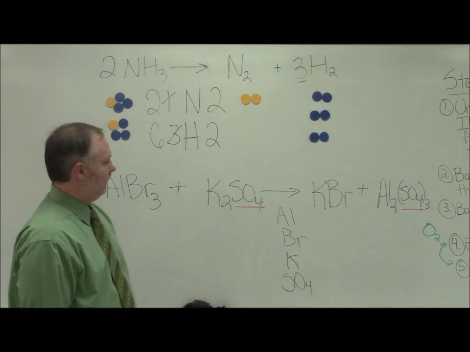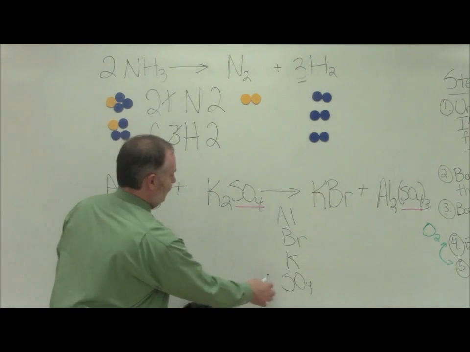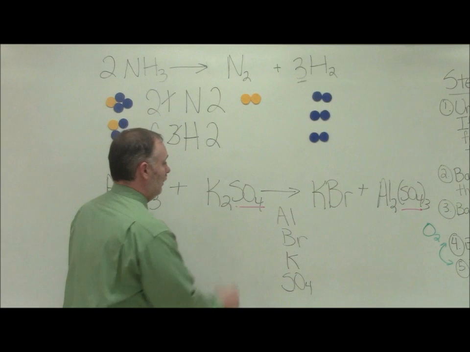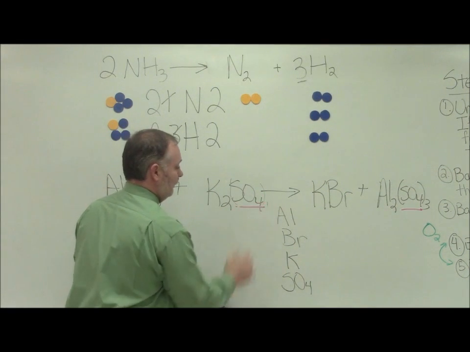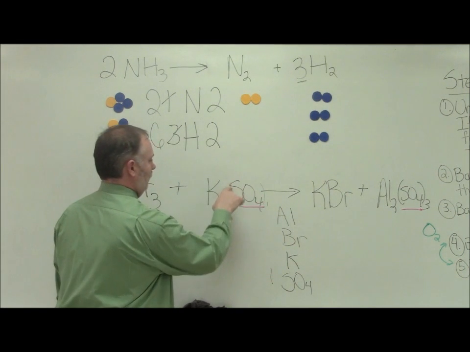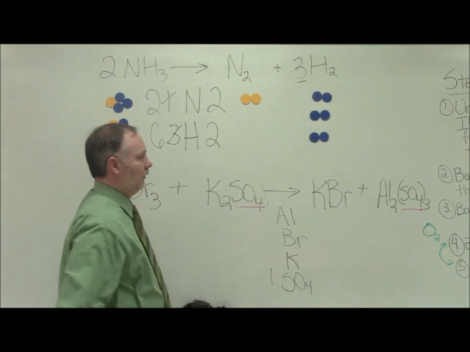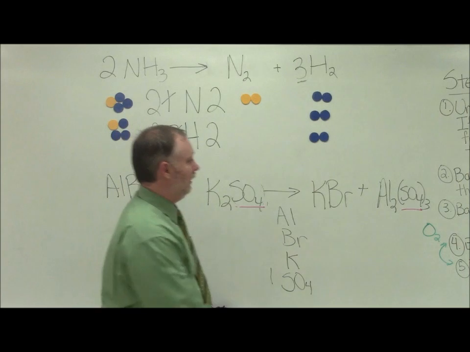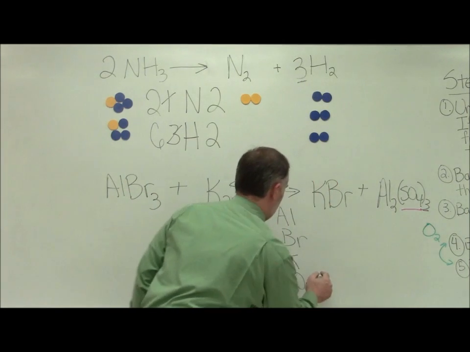Now, before I start balancing, I want to explain what we have here. There's no parentheses around our SO4, so that means that there's only one right here. Okay, they don't write the parentheses if there's only one. But how many do I have on the product side? I have a total of 3.